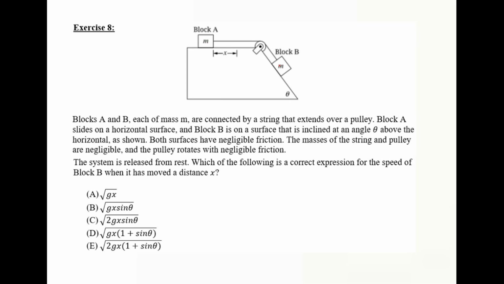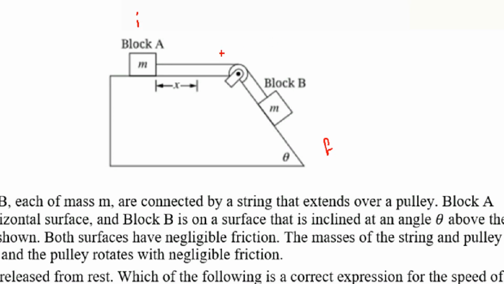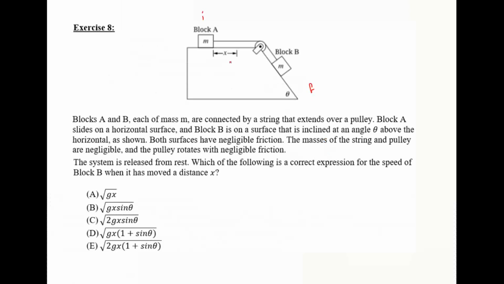Initially, let me say we have the initial point, which is given by I, and the final point would be F, after the block M has descended a certain distance along the ramp. Now because the string is inextensible, if block A moves a distance x, then block B will descend the same distance x.